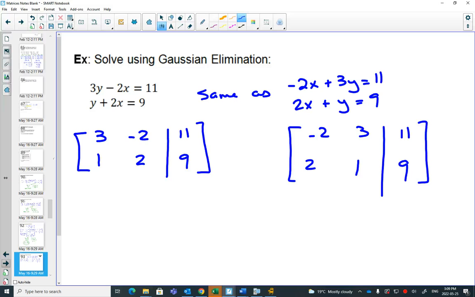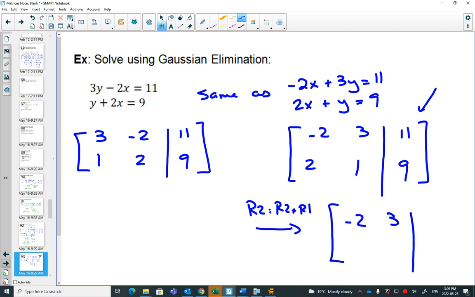Okay? So generally, we like to do x's, y's, and answers just because it's alphabetical and it gives us a system that we always do it. I also like doing it this way because can you see that you can easily make row 2 plus row 1, and you get that 0 right away.